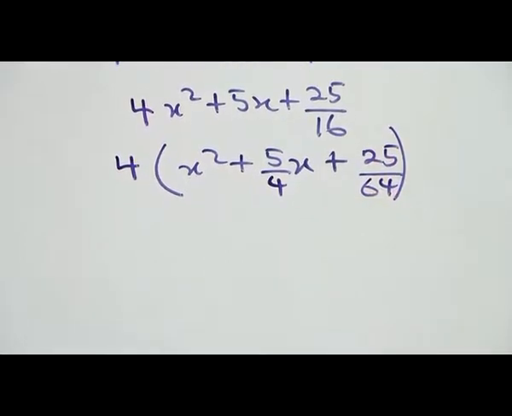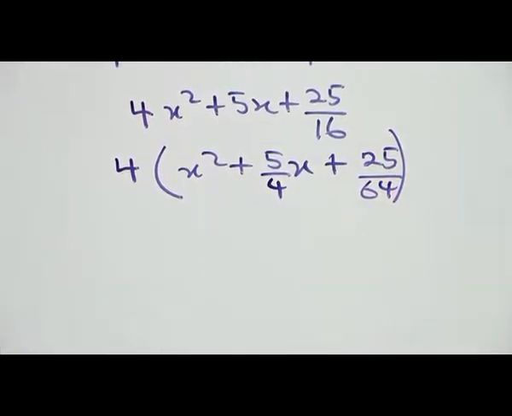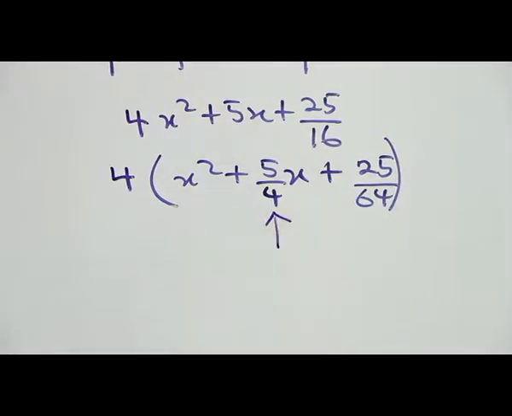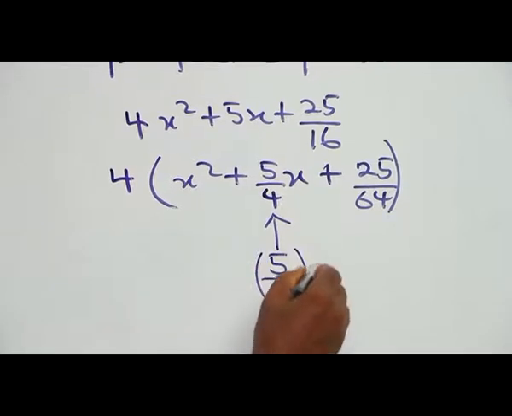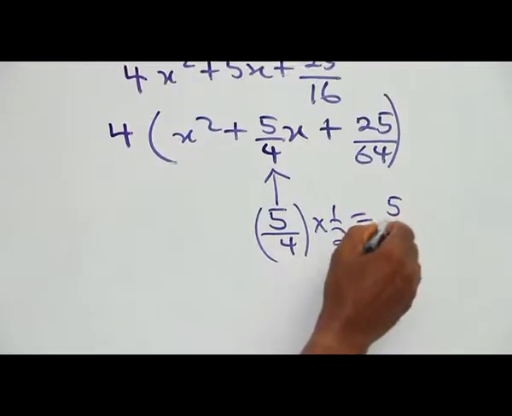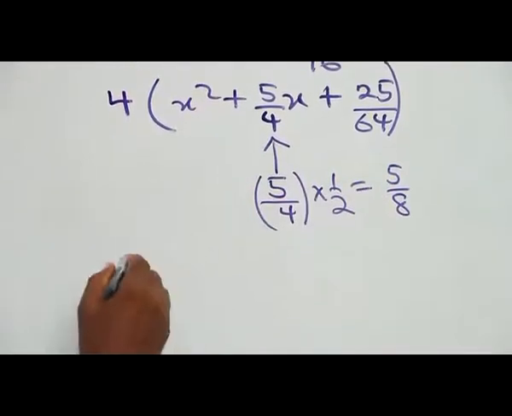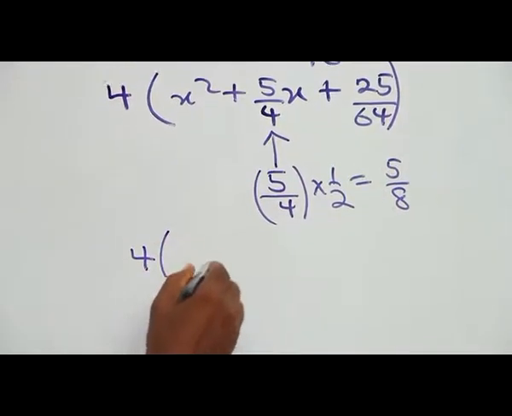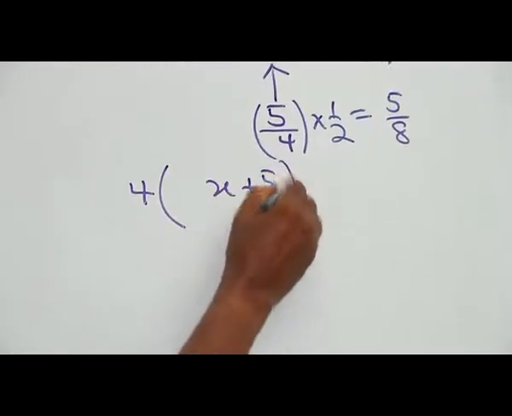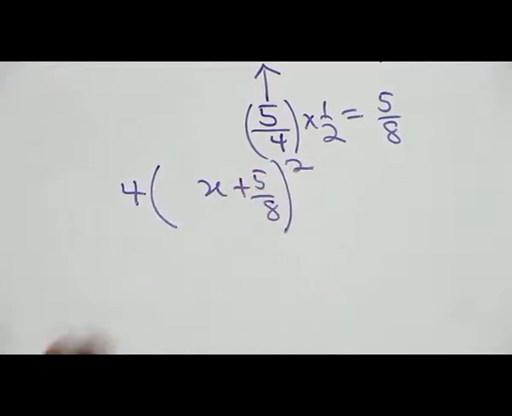Now once this is done, we will now take a look at the coefficient of s in this place, and this is 5 all over 4. We find half of this coefficient, and that will be equal to 5 all over 8. So we will write 4 into s plus 5 all over 8, bracket open and close it, all squared.